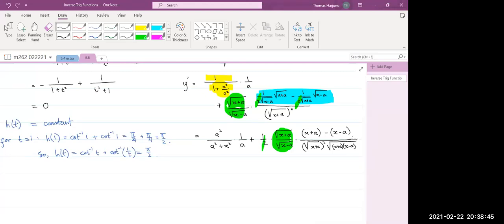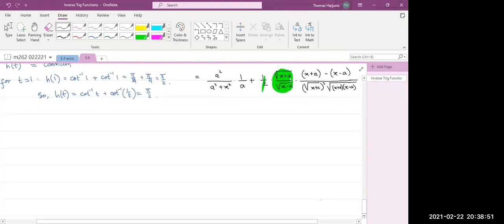Or do you want me to go slower there? Let me do it below so that you see the detail. Okay, let me do it here.